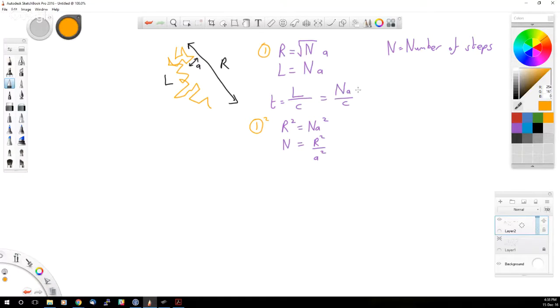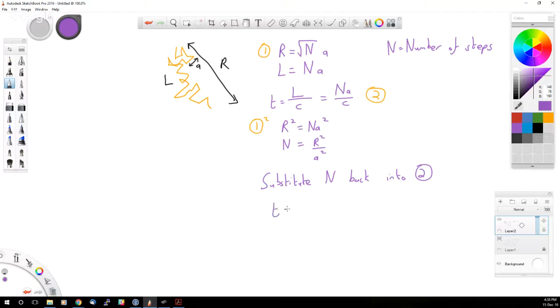So if I label this equation here 2, I can substitute N back into equation 2.